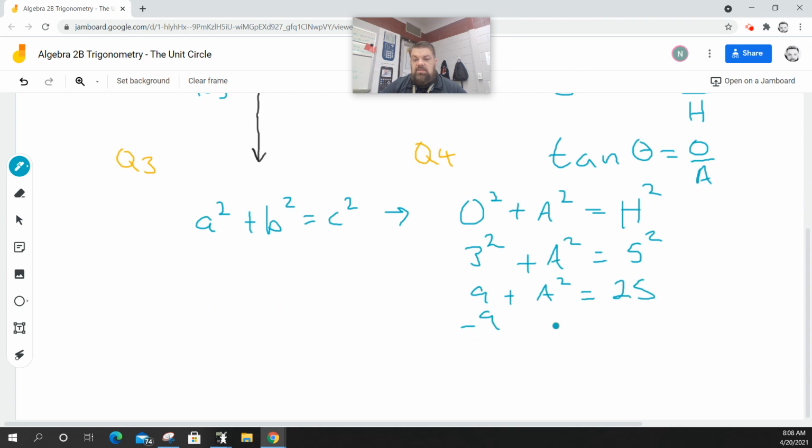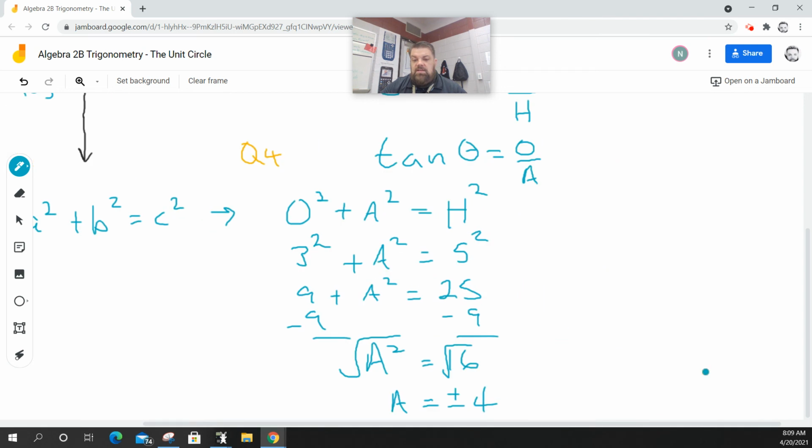I'm going to subtract 9 from both sides. I get that the adjacent squared is equal to 16. I'm going to take the square root of both sides. Remember, whenever you take the square root of something, you have a plus or minus. Why do you have a plus or minus? Well, 4 squared equals 16.